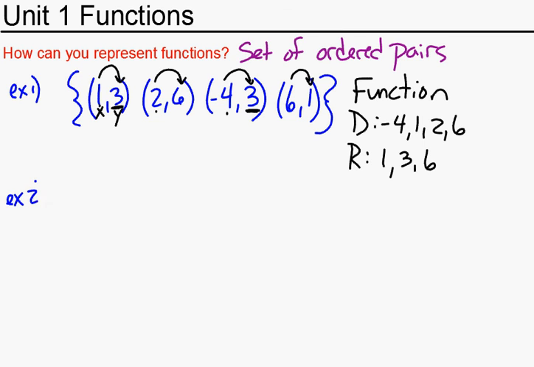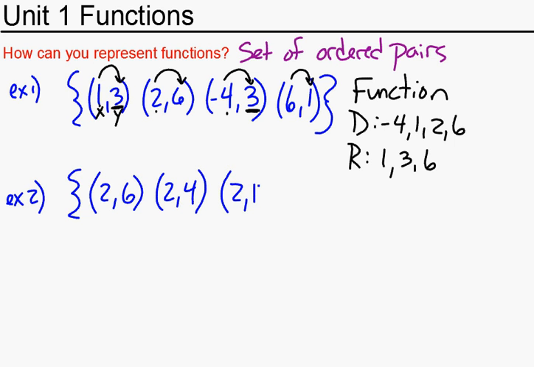If I have another example really quickly, I have something like (2, 6), (2, 4), and (2, 12) as my possible function. Remember, this means 2 becomes 6, 2 becomes 4, and 2 becomes 12. This is kind of just the exact opposite of a function. 2 is becoming 3 different things.